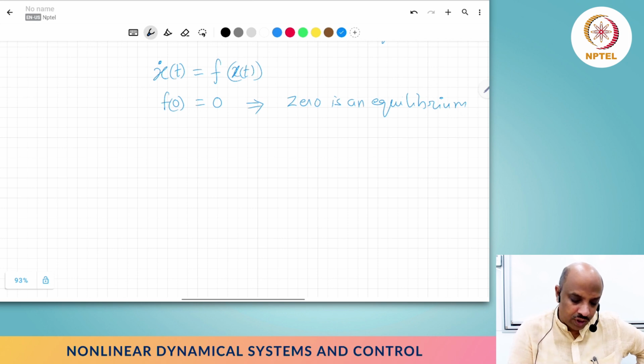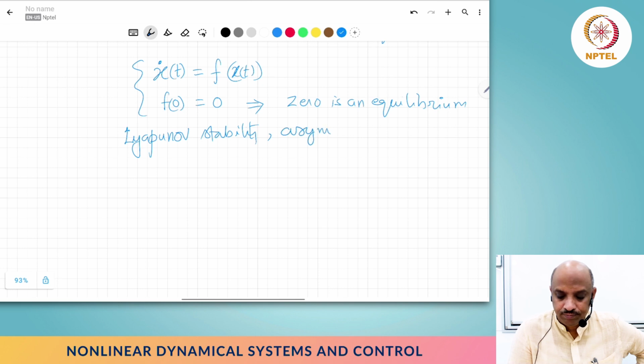So once we do that, then we defined Lyapunov stability, asymptotic stability, and then of course exponential stability.